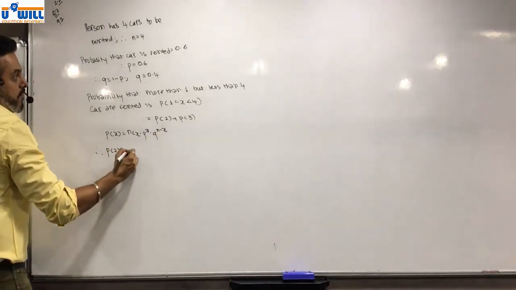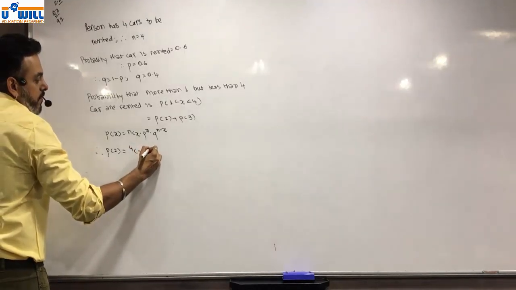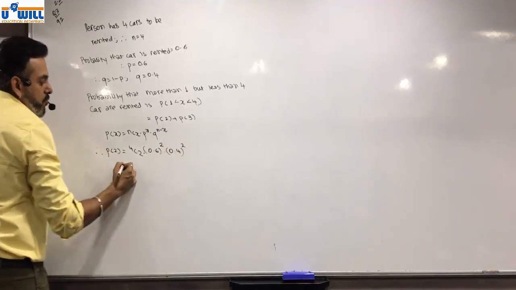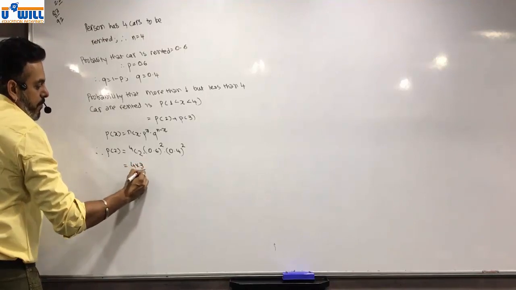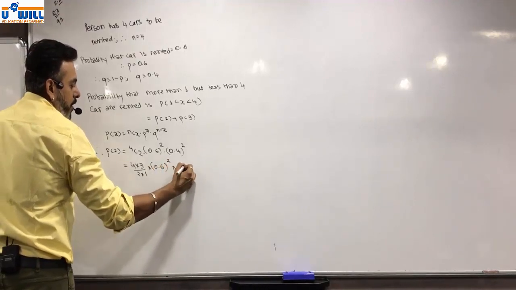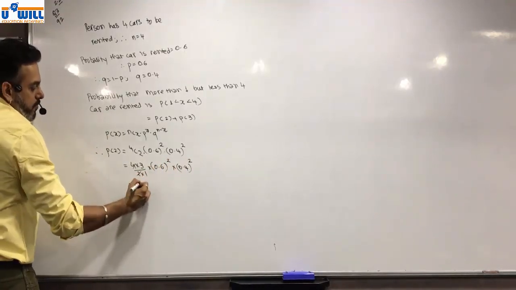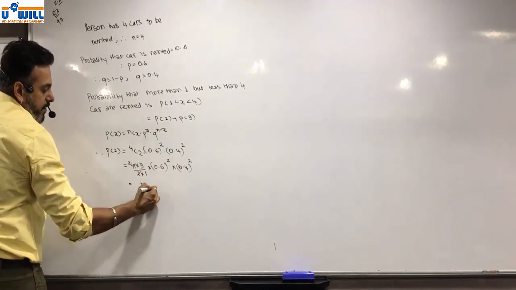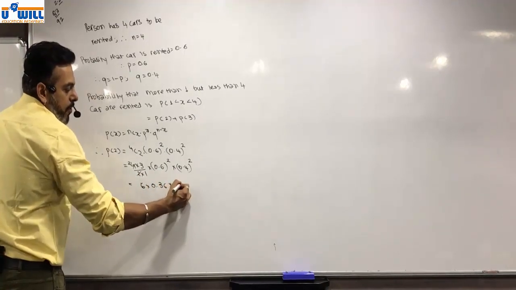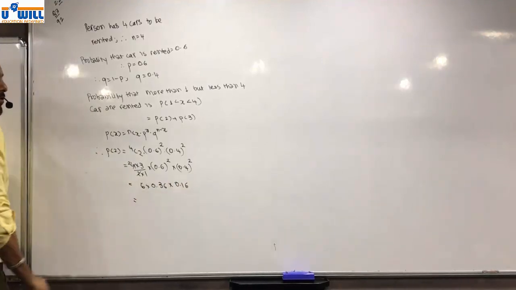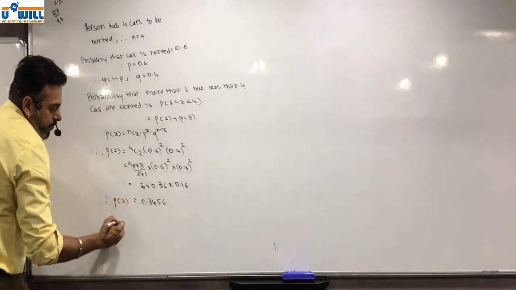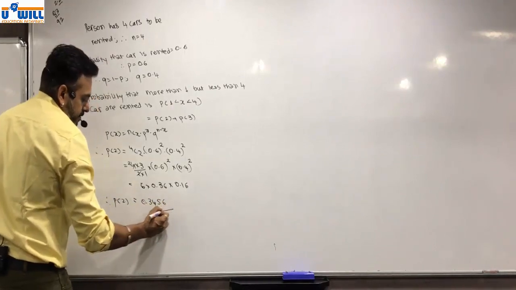Therefore, probability of 2 is equal to 4C2 into 0.6 raised to 2 and 0.4 raised to 2. 4C2 is 4 into 3 upon 2 into 1, into 0.6 raised to 2 into 0.4 raised to 2, which is equal to 6 into 0.36 into 0.16, which is equal to 0.3456. Therefore, probability of 2 is 0.3456.